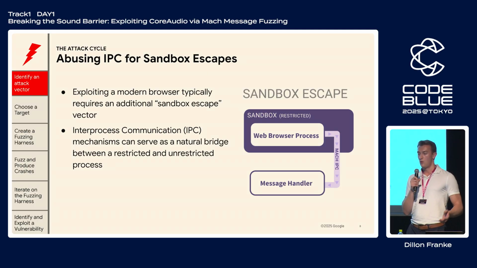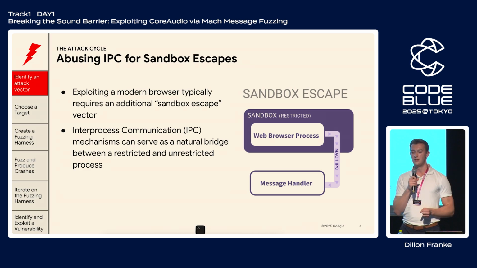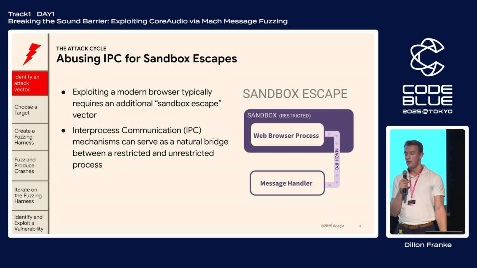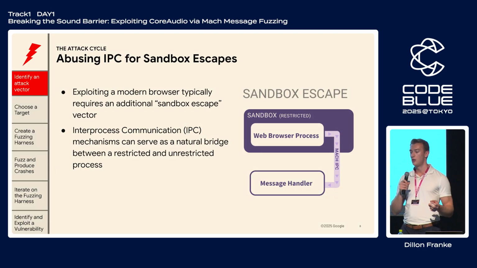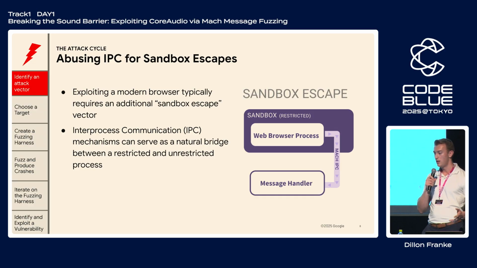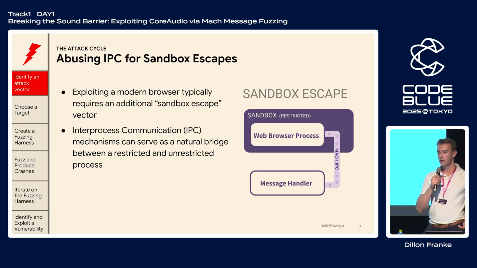And one well-used escape vector for these within browsers is inter-process communications, because they serve as this natural bridge between restricted and unrestricted processes. So you can see here, Mach is serving as that bridge from the web browser process, which is sandboxed, to the unrestricted message handler.